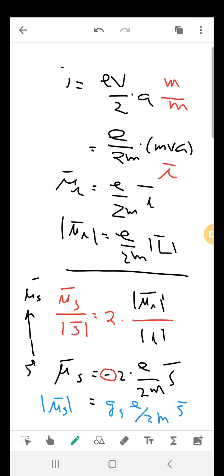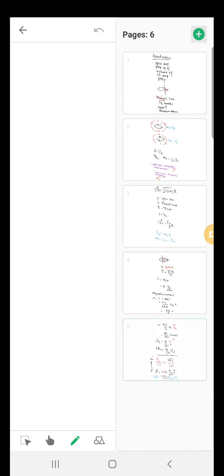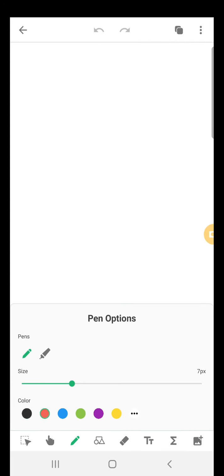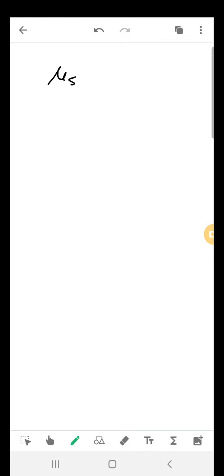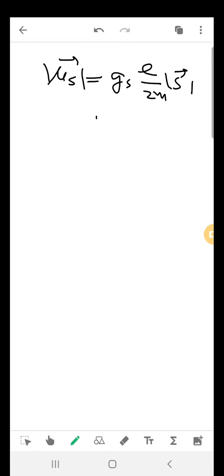So gs is the spin g-factor. So then we write mu s is equal to gs E by 2m into s. Now we know that s is equal to root 3 by 2 h cross. This we have already derived.